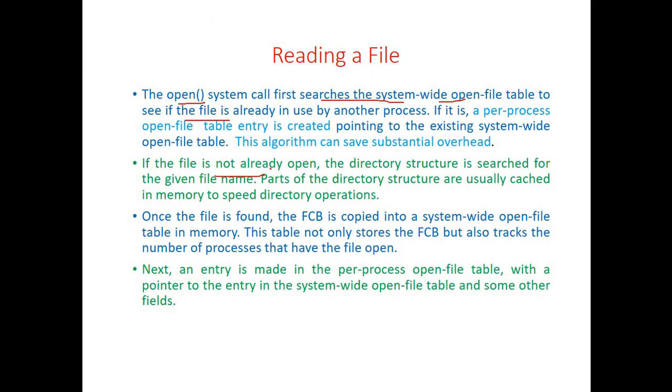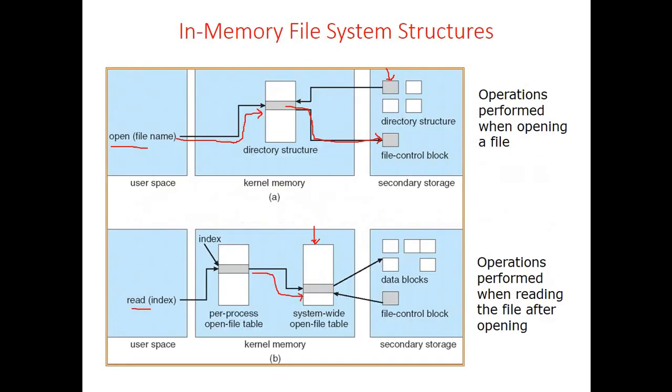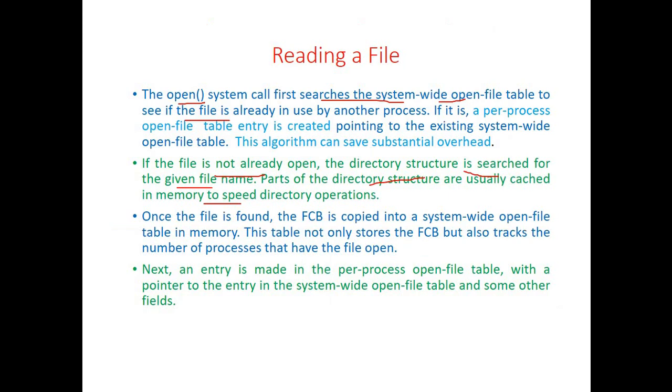If the file is not already open, the directory structure is searched for the given file name. Then parts of the directory structure are usually cached in memory to speed directory-related operations. So that means if the file is not opened, then the corresponding directory structure is loaded into the main memory.